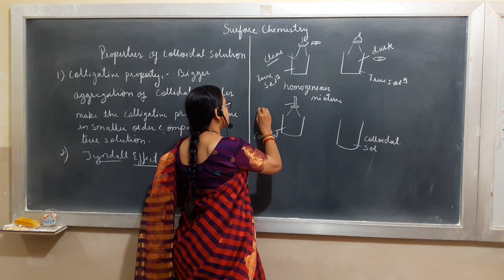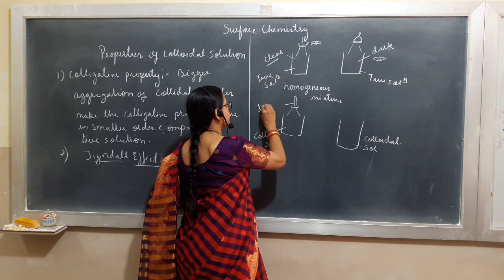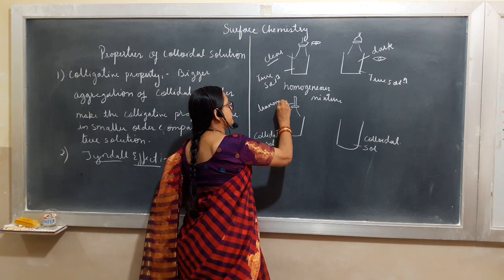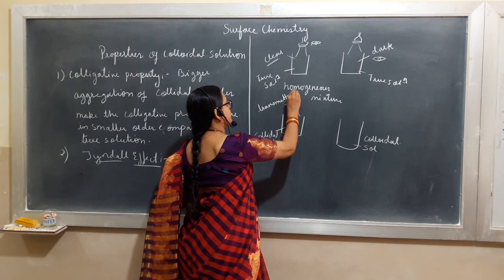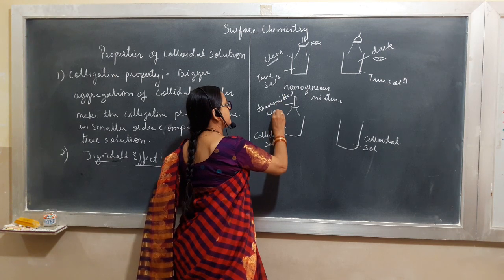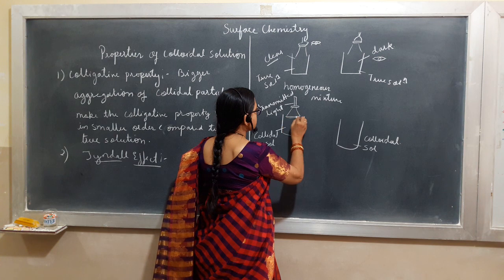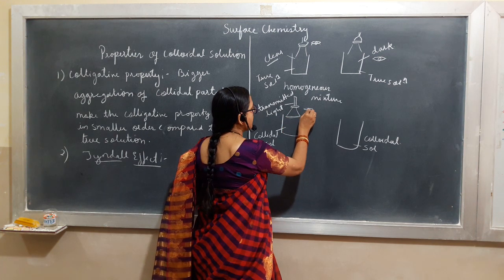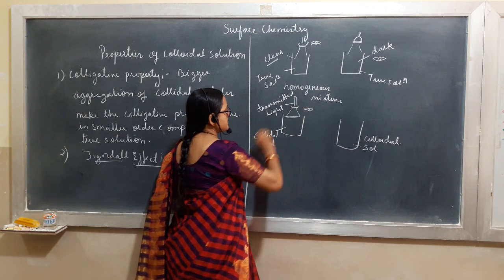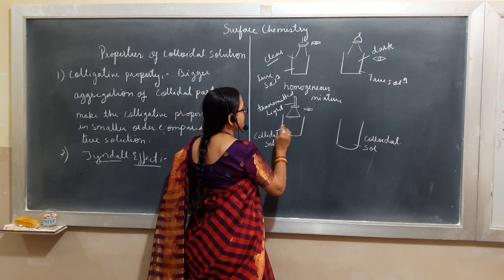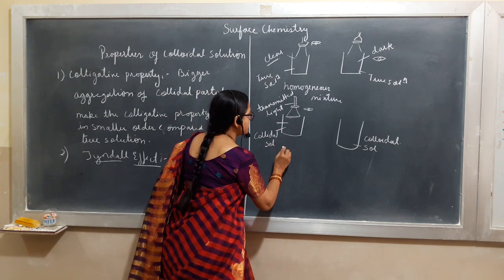Here we can pass transmitted light. If I pass transmitted light through this and observe it in the direction of the light, what I can see is opalescence.